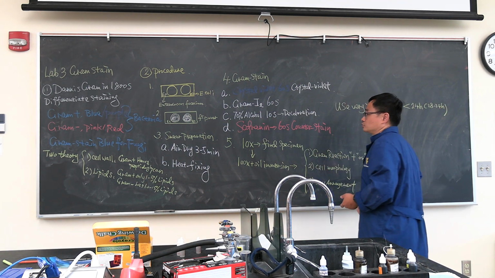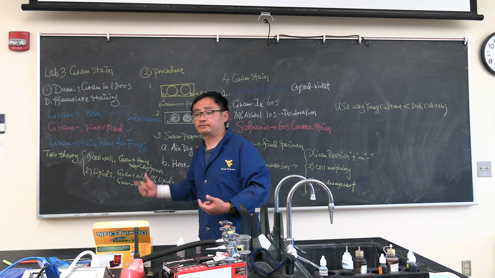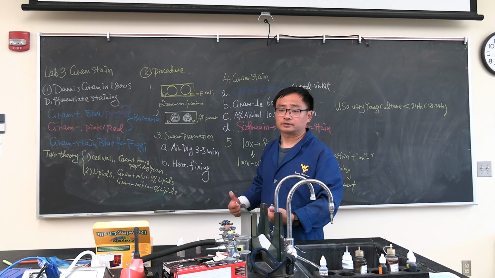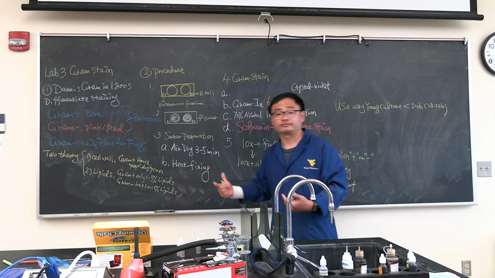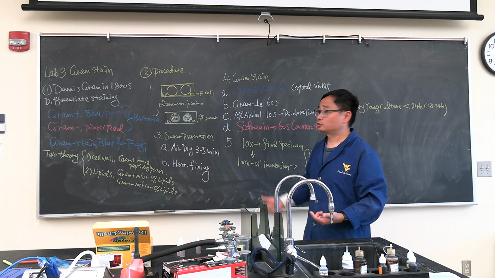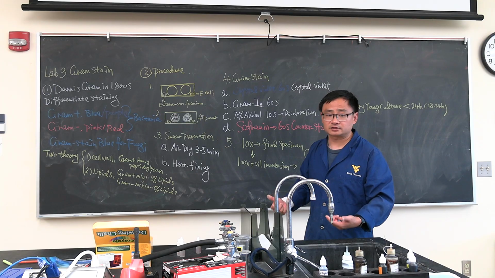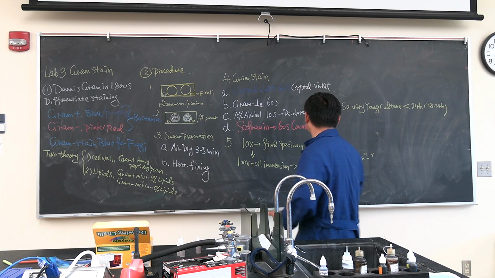The reason is we want to make sure the cell wall structure is complete and intact. If the culture is older, let's say more than 72 hours, then the peptidoglycan starts cracking and you cannot hold on to crystal violet. At that moment, everything stains like gram-negative.